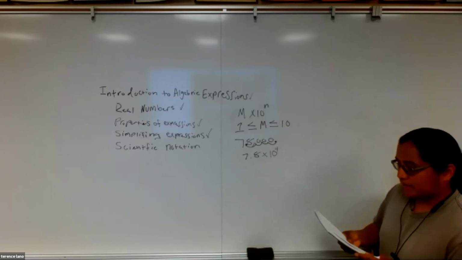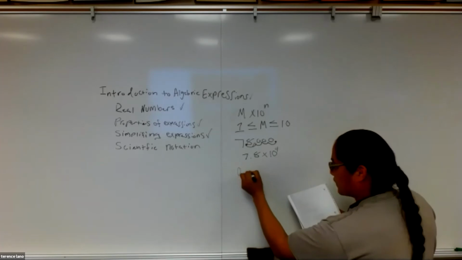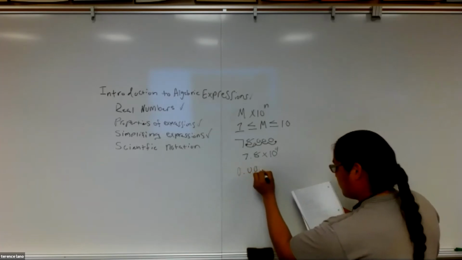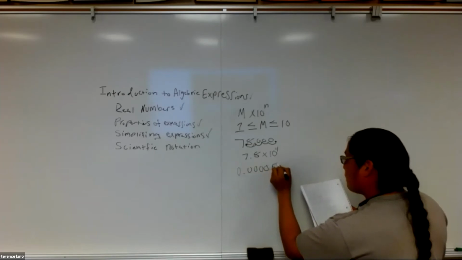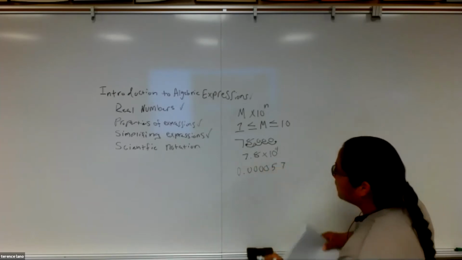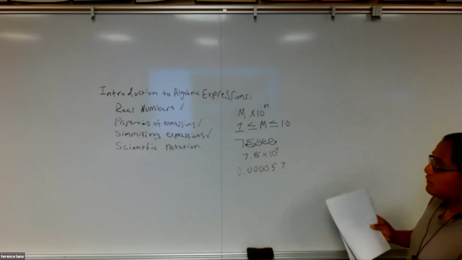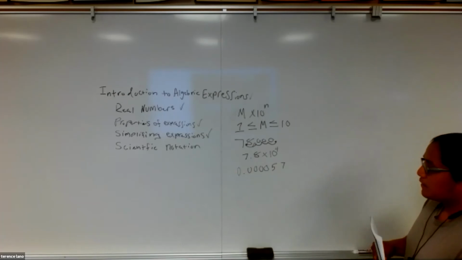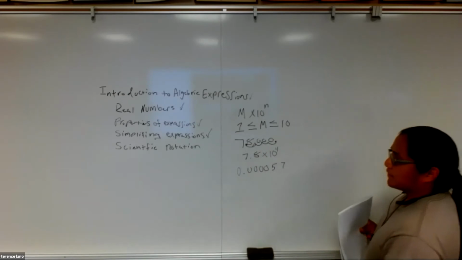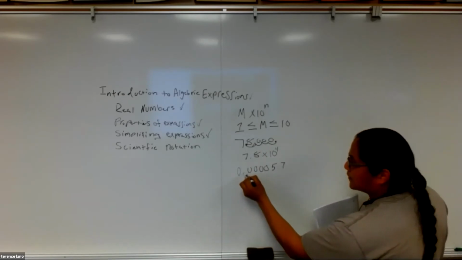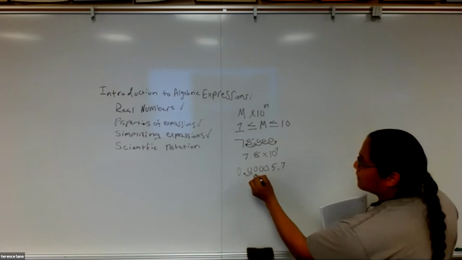We could also be given 0.000057. We could convert that into scientific notation. We do the same thing, move our decimal space up to here.